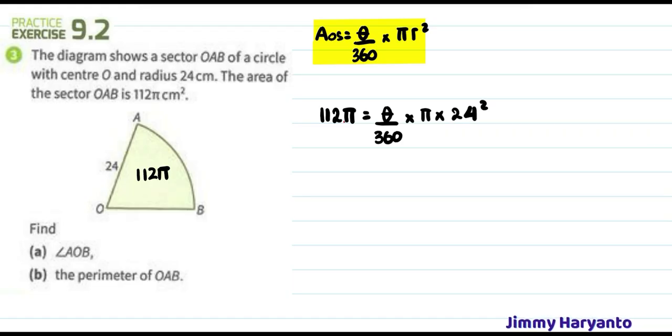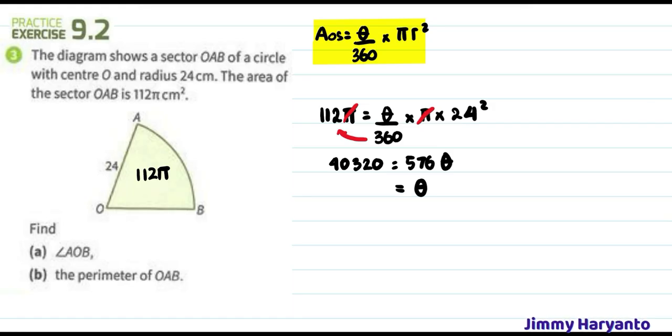We can cross out the pi, and then we can do cross multiplication of the 360. So 112 times 360 equals 40,320 equals 576 theta. So the theta equals 70 degrees.